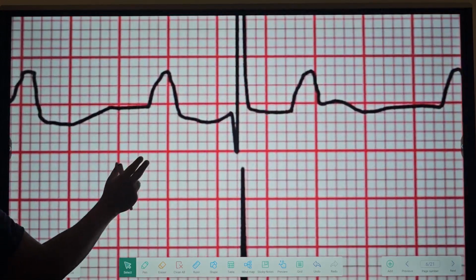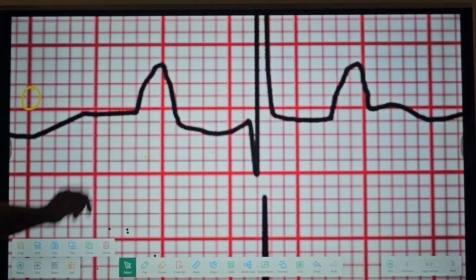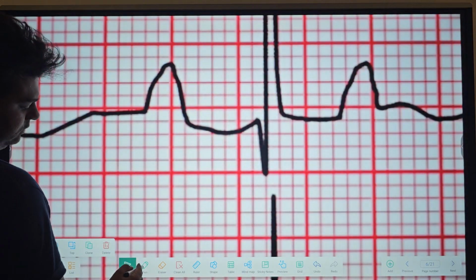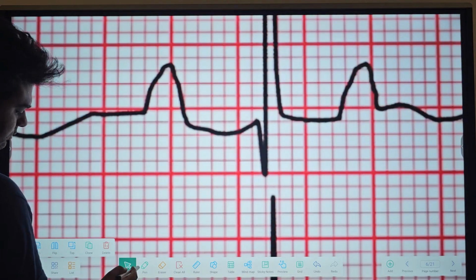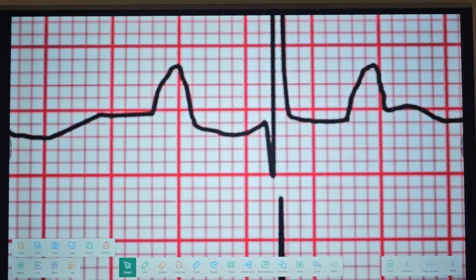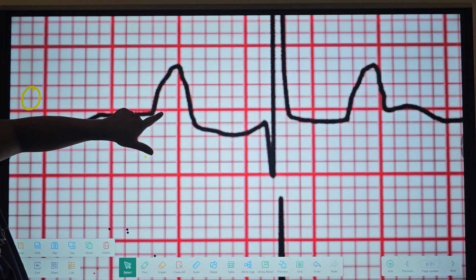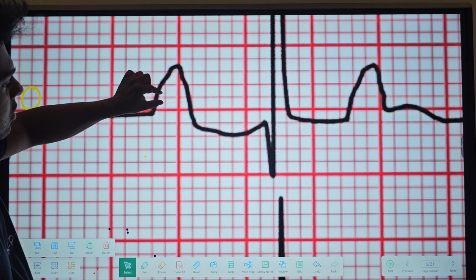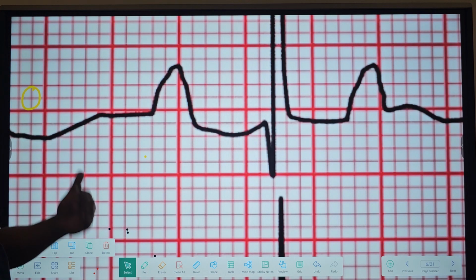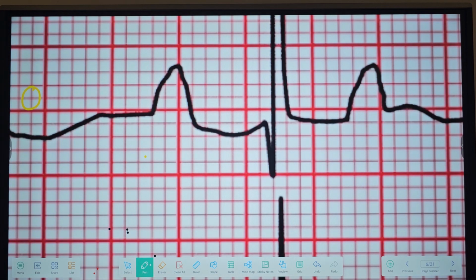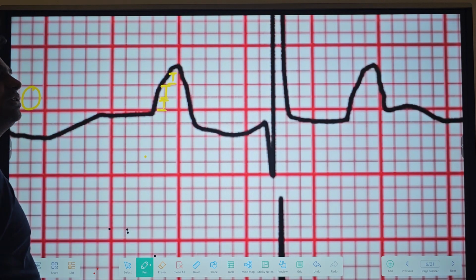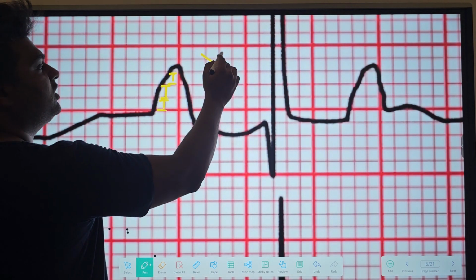See this, this is the P wave in lead 2. It is one small box, two small boxes, three small boxes, and more than that. So it is more than three small boxes.